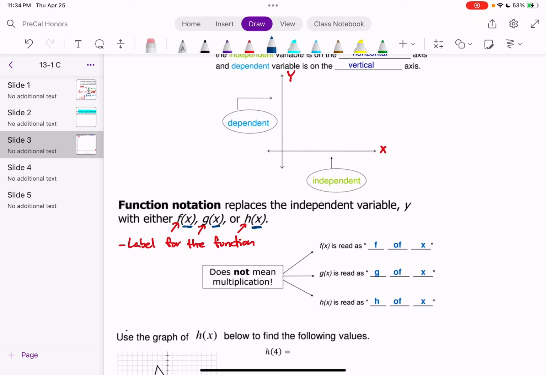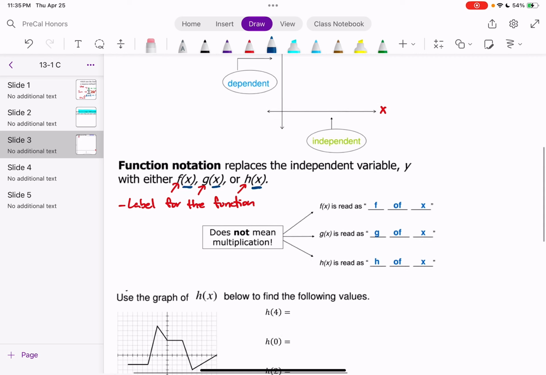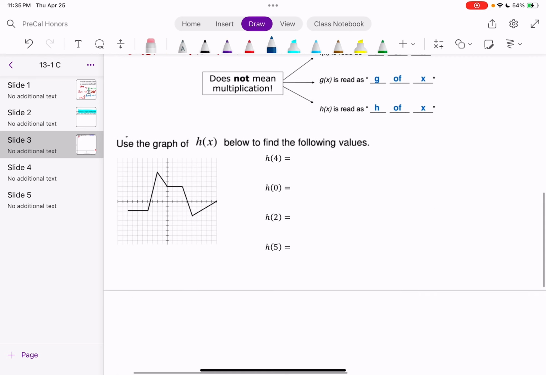Now, in the case that there is an actual number in there, it is basically saying that in the place of x, we will plug in whatever the given number is. So it may be 2, 5, 15, 432. The number one thing is understanding that if it's inside of those parentheses, it is going to take the place of the x within that function. Let's go ahead and take a look at our graph at the very bottom.